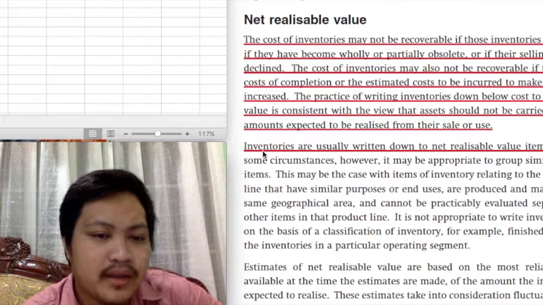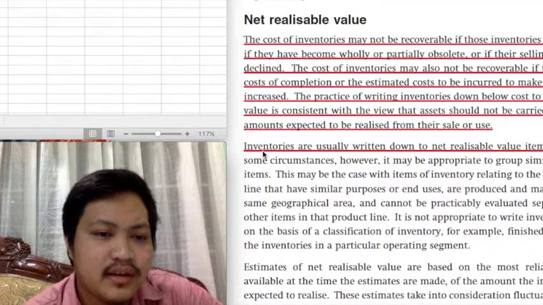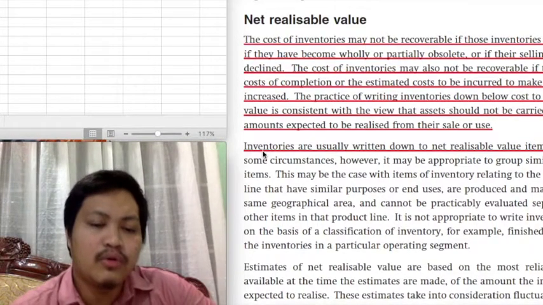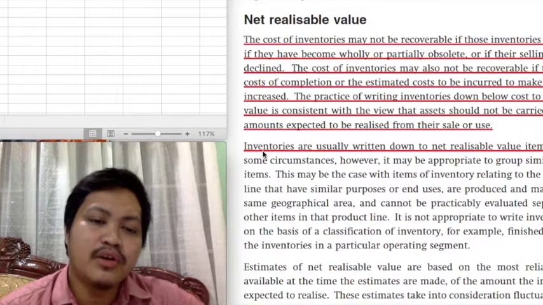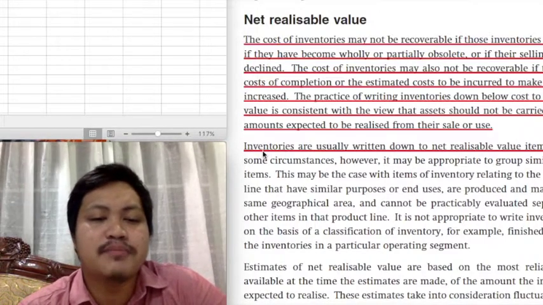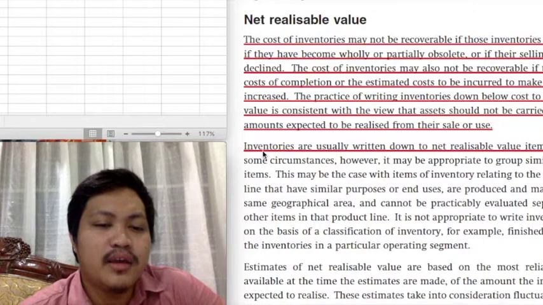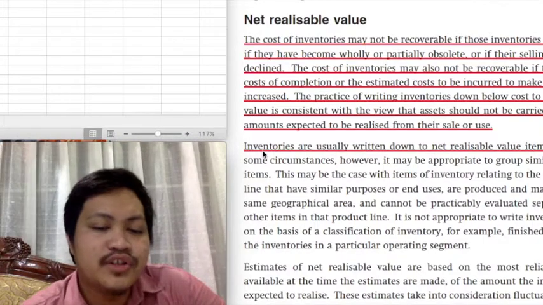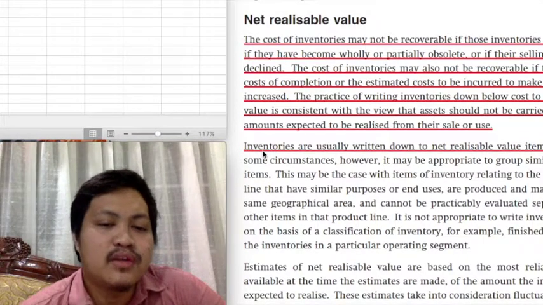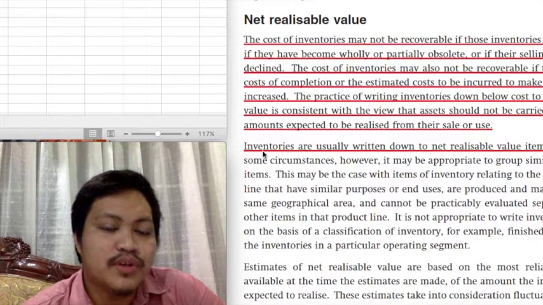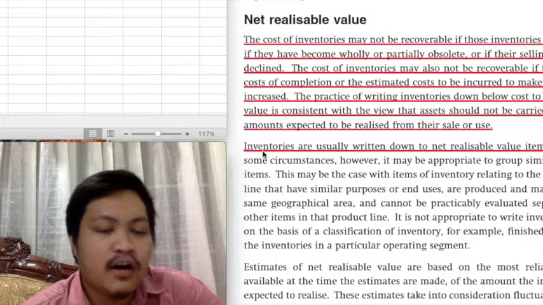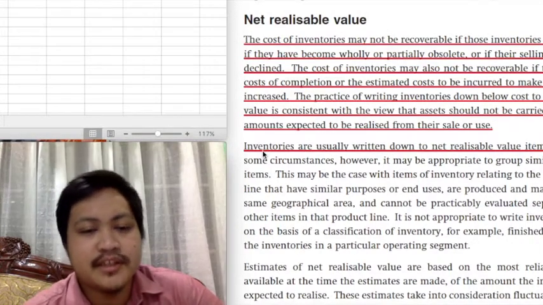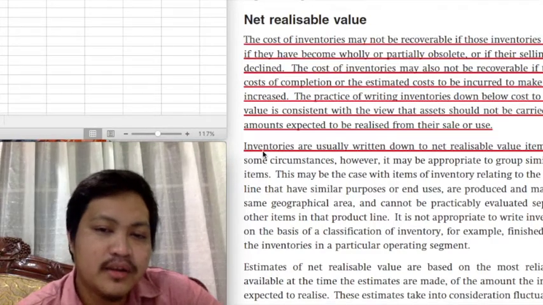It may happen that the entity will decide to no longer complete or finish the product because the entity anticipates or expects that by the time it completes or finishes the product, the total cost to bring it to its completion would be far greater than the amount that is expected to be recovered from its sale.